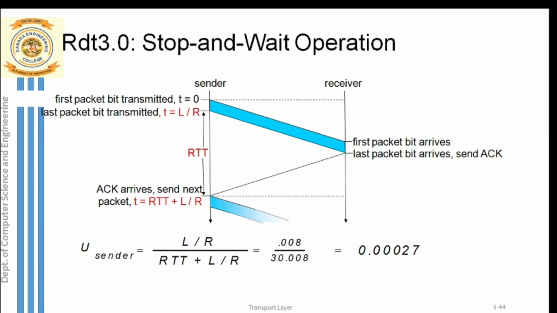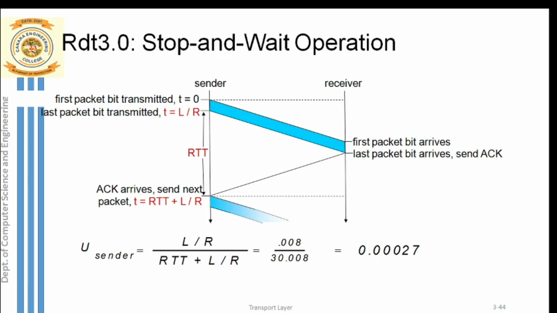Waiting is happening for the acknowledgement, and stop here means stop sending new data. The first data is already sent, so don't send the second data until the acknowledgement for the first data is received.